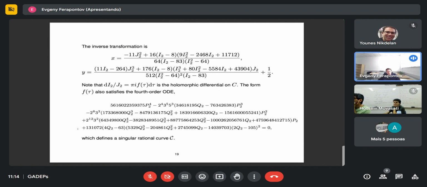And there is a covering from the genus 1 curve to this rational curve, right? I'm not writing it here. And this is very typical. In many other examples, we got the same picture. Third order ODE defines a genus 1 curve. Fourth order ODE defines a rational curve.